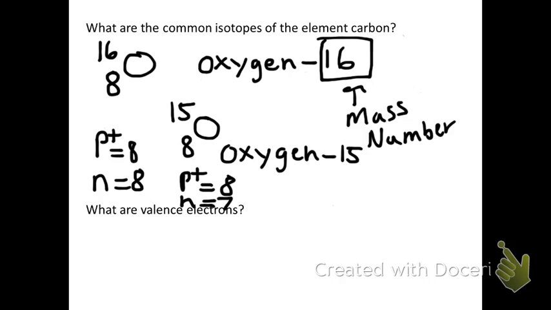Alright, let's go down to this next question. What are valence electrons? Valence electrons are basically electrons that are found in the outermost energy level or shell of an atom.